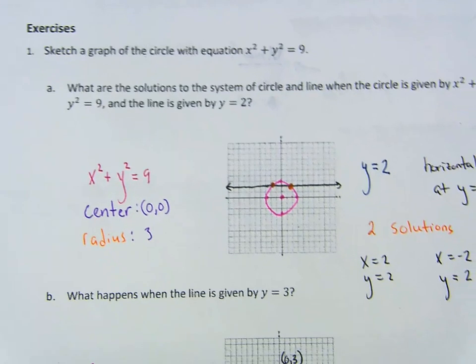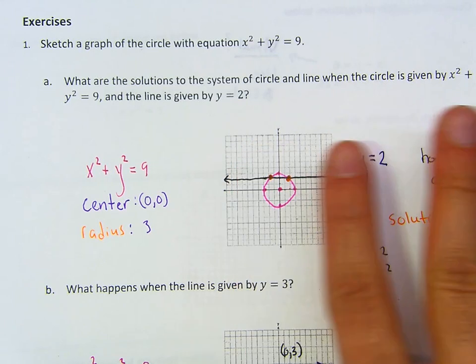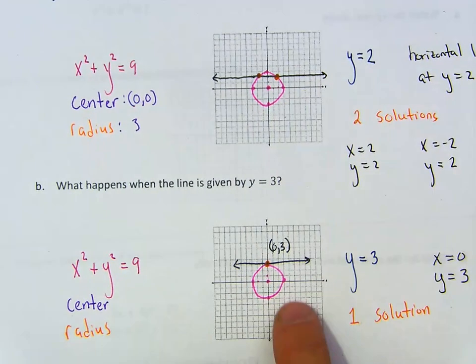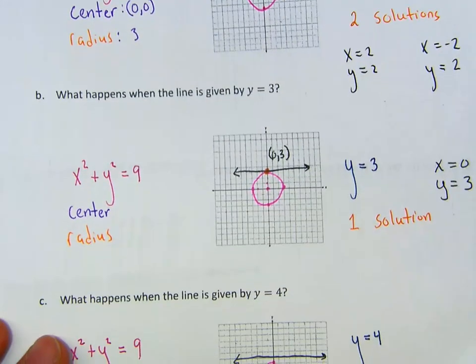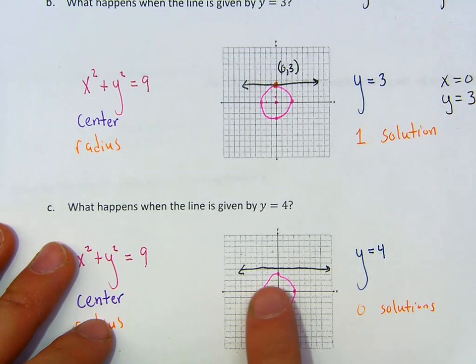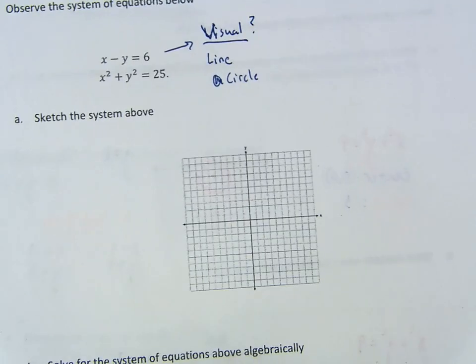Either a line hits the circle at 2 points, like this one; or it hits at 1 point, and we call that the tangent line; or it hits no points. So the question is, what's going on here? How do you know what the visual is?